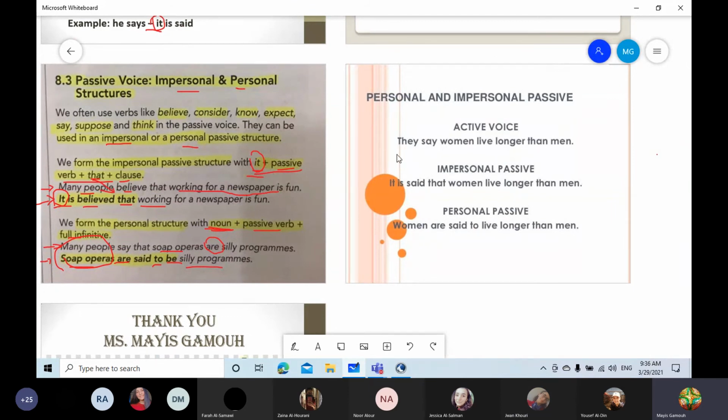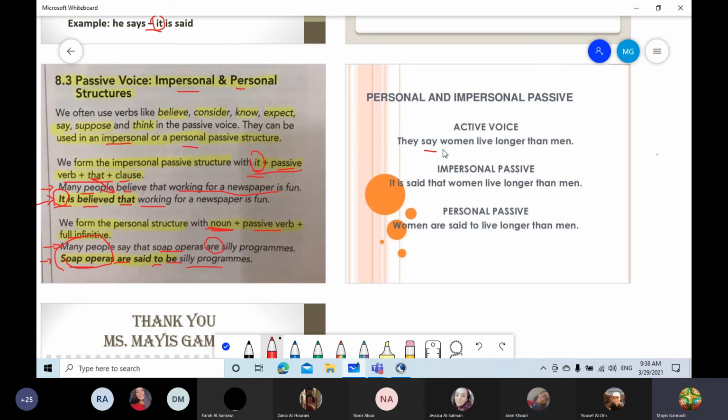Here is the structure, so you can explain it. So we first begin with it, plus the passive verb, which is the verb to be. Here we put is, because our verb is in the present tense. يعني عليكي.